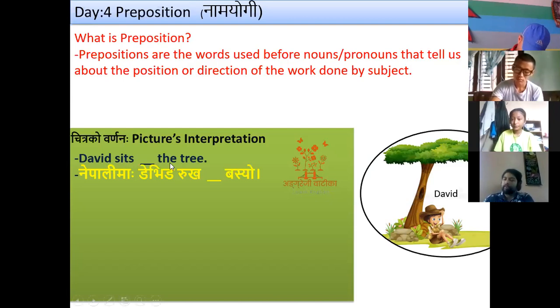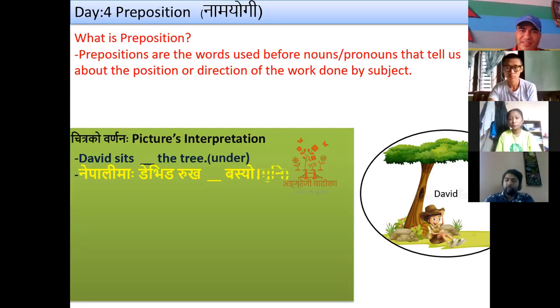David sits the tree. In Nepali, David ruk basyo. When I say this, there is something missing. Something is not clear about the sentence, and the sentence is not meaningful. But as I give a word, under, David sits under the tree, it becomes meaningful.